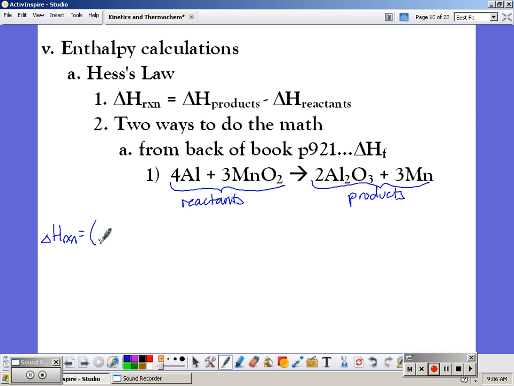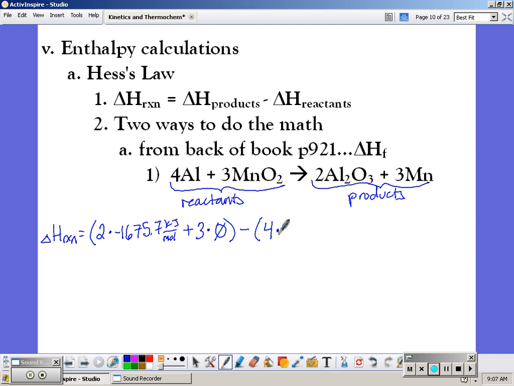There is 2 moles of aluminum oxide from the coefficient. So we're going to say 2 times, and then I'm going to look at my chart for aluminum oxide, and I get negative 1675.7 kilojoules per mole. I have another product, so we're going to add here 3 manganese. So 3 times the value of manganese is 0, minus our reactants. So I have 4 aluminum, so we'll say 4 times.